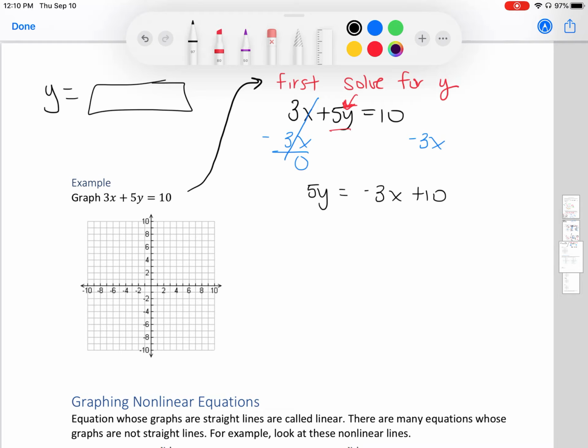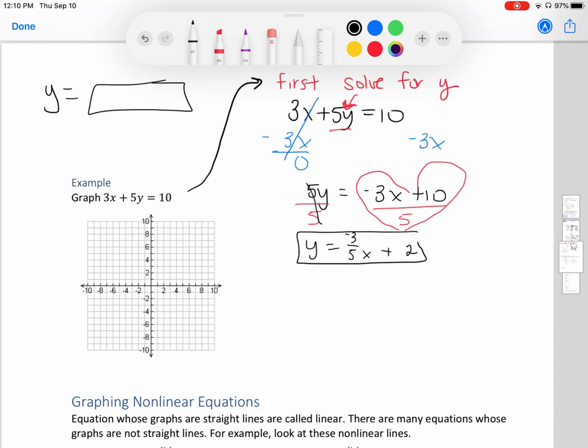Last piece, to get y by itself, I have to divide by 5. So we're left with y is equal to negative 3/5 x plus 10 divided by 5, which is 2.